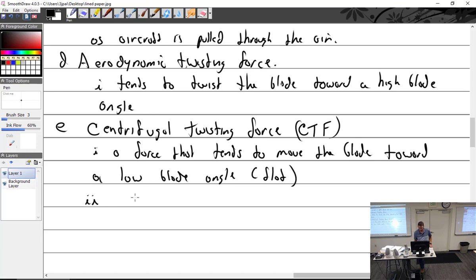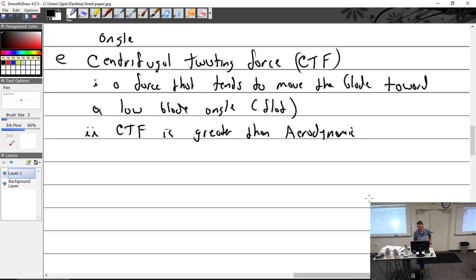CTF is greater than aerodynamic twisting force. So aerodynamic twisting force is really whatever. You lose.